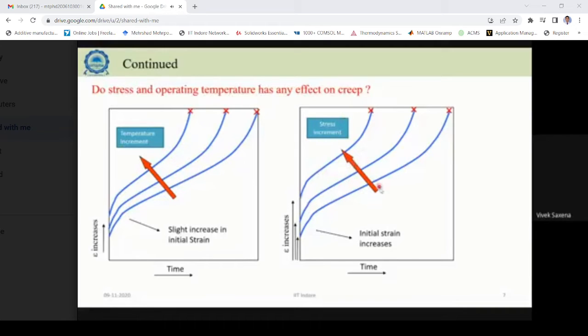In this figure, the creep curve is drawn for the same temperature with the increment in stress, and it can be seen that with the increase in stress, lesser time is required for failure of the material. So both stress as well as the operating temperature have an effect on the creep of materials.